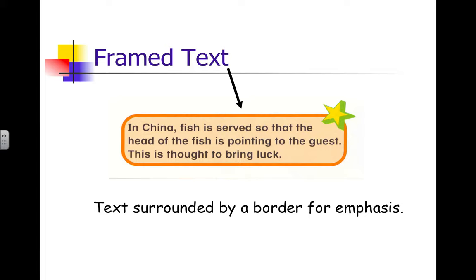When I read a magazine, they'll use a pull quote, pulling an actual quote from the interview or whatever the article's about, and then frame it outside just to make the page more aesthetically pleasing. But frame text in picture books can be additional information, fun facts, interesting things they may not have known about or read if they had just read the main text.